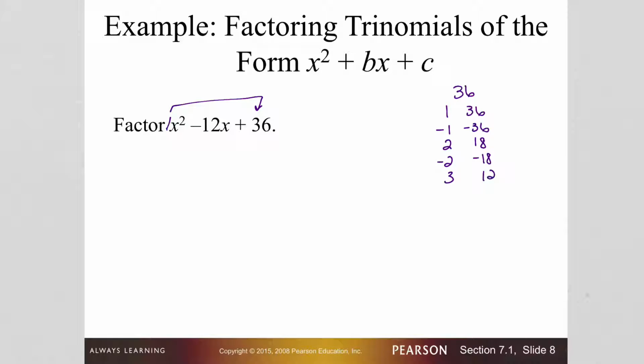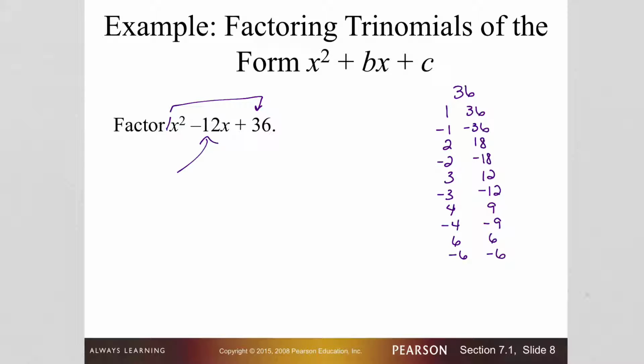Three, 4, 5 won't go in. Alright, there's all the pairs of factors of positive 36. Every one of these multiplies to be positive 36. There is only one of them that adds up to be negative 12.